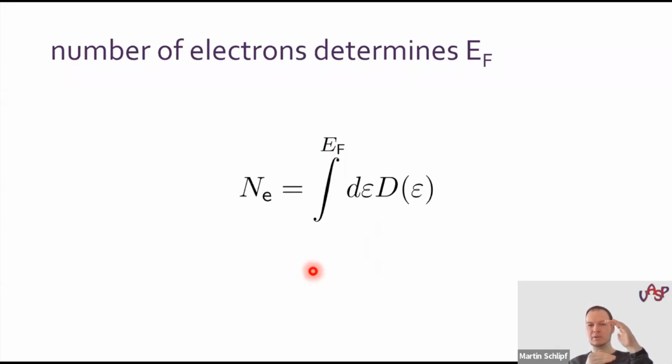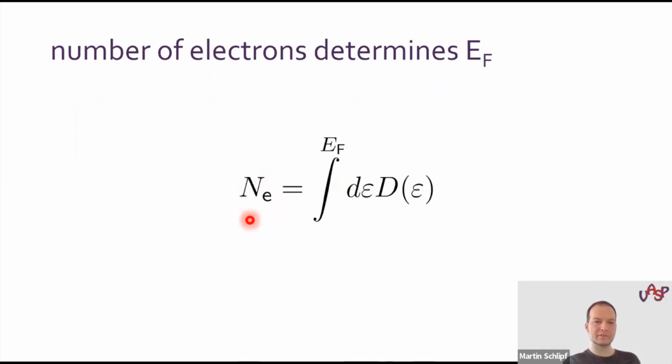Then you do an interval bisection: let's calculate it in the middle. In the middle, you would either get too many electrons, then you would take the lower part, or too few electrons, then you would take the upper part. In this way, you successively reduce the width of the interval that you consider for your Fermi energy, and you integrate until finally the number of electrons that you get by performing this integral agrees with the number of electrons that are actually in your system.